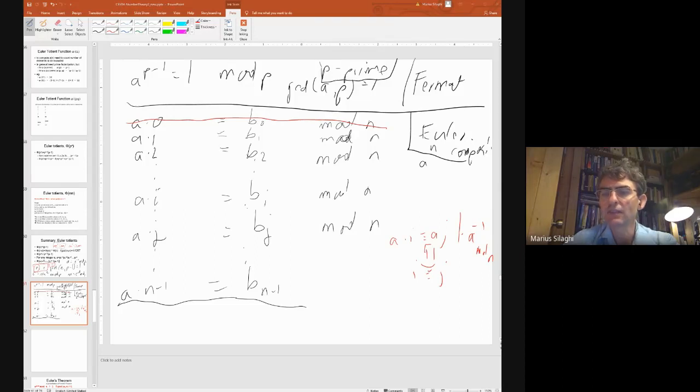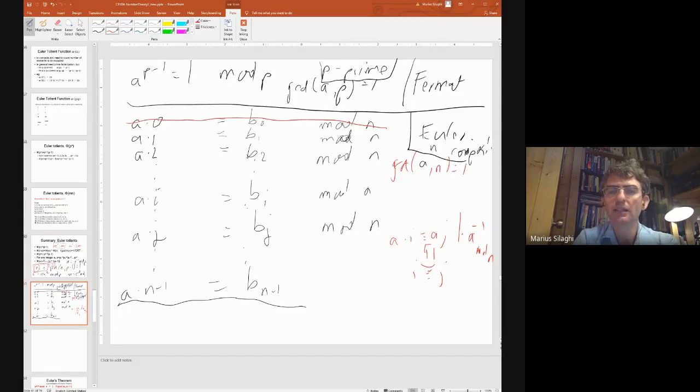When does the inverse of A exist? If it's coprime, if it's relatively prime, with greatest common divisor between A and n equals 1. Then we have an inverse.